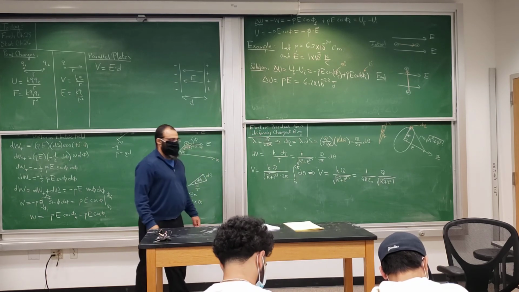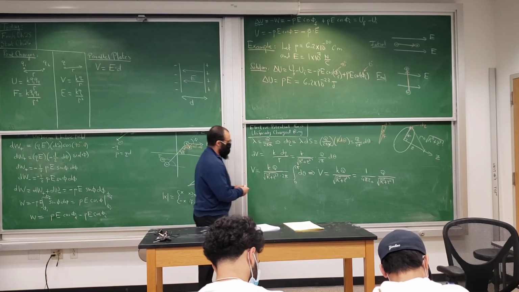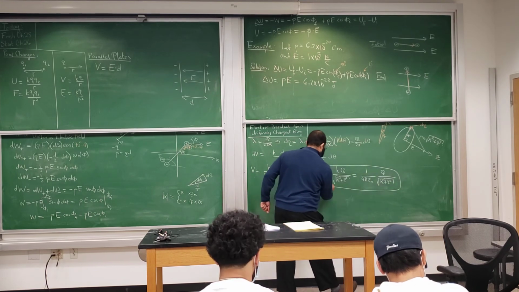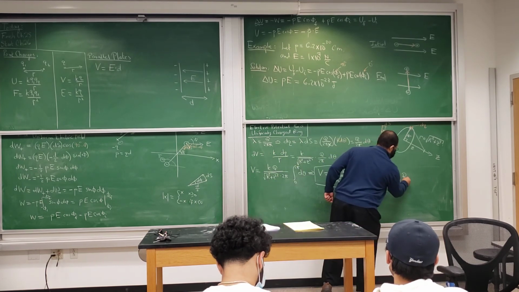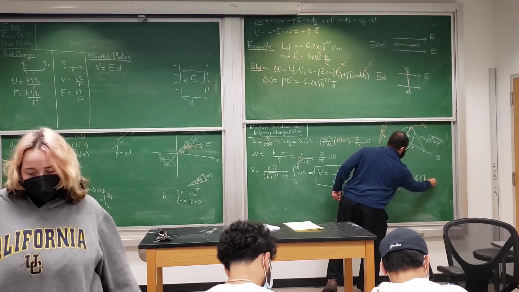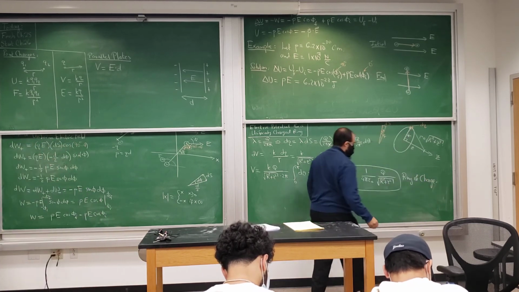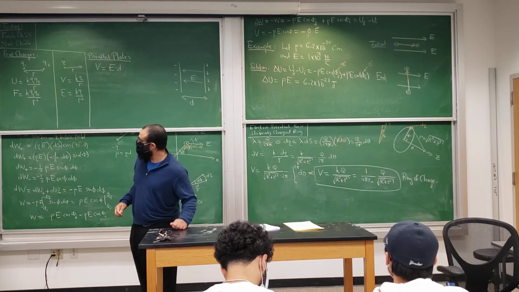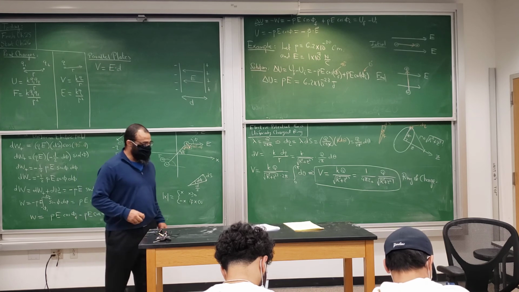That's the first calculation. Let's box it. This is a ring, a ring of charge. The next one would be a disk of charge.